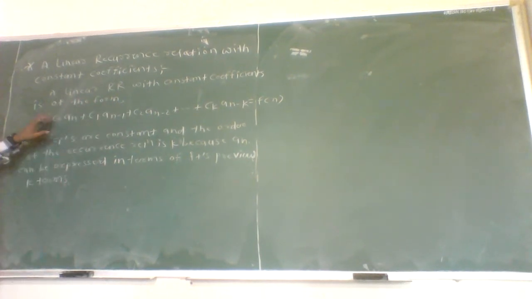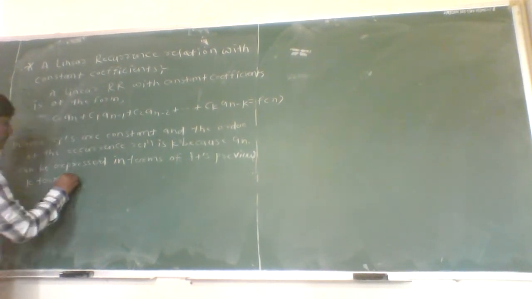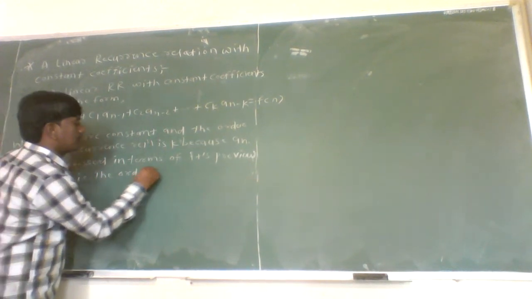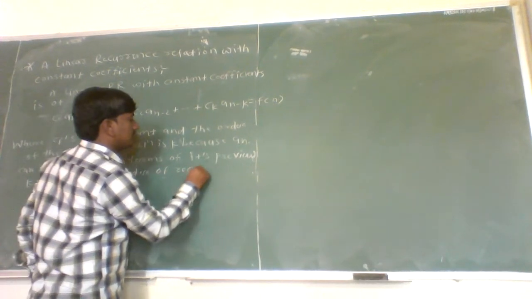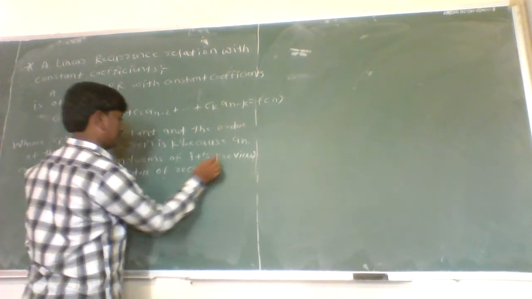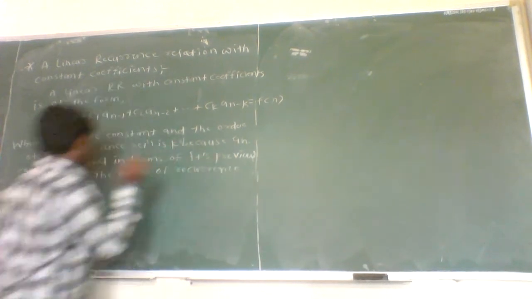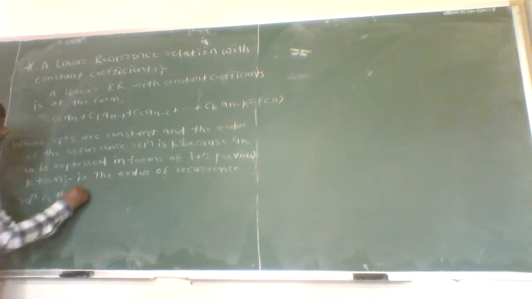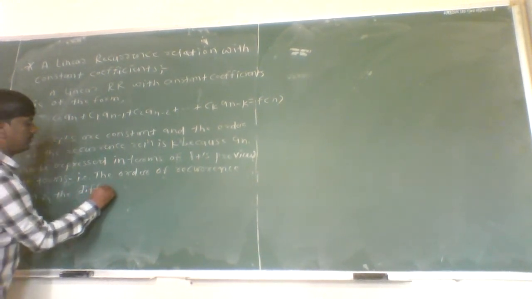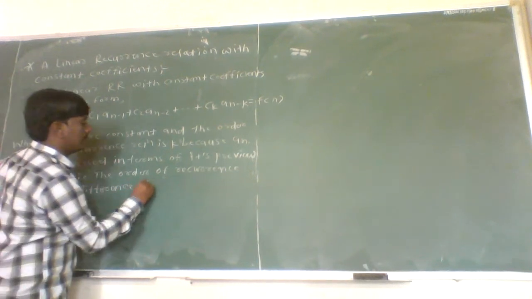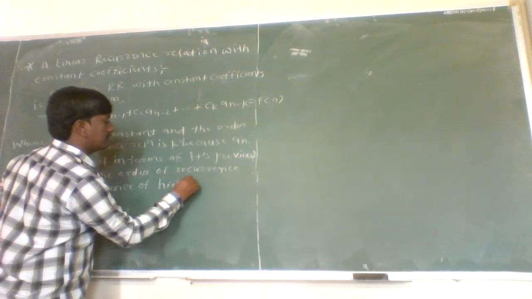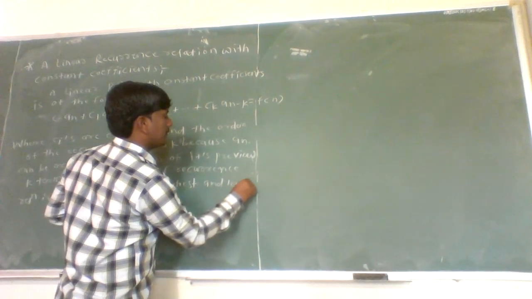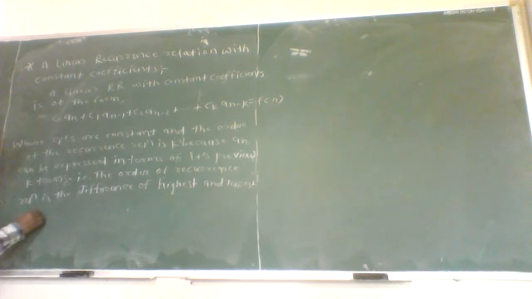Therefore, the order of the recurrence relation is the difference of the highest and lowest subscript of a.